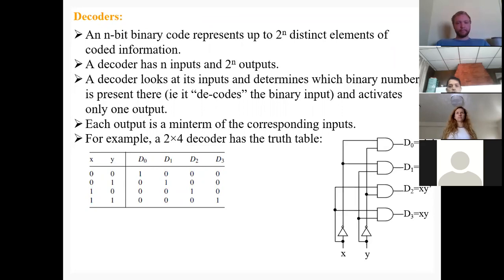A decoder decodes the binary input. That's what it is. Suppose your binary input is 0, 0. Then your decoder should say, okay, so both of them are 0, 0.